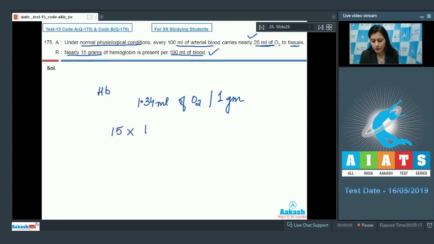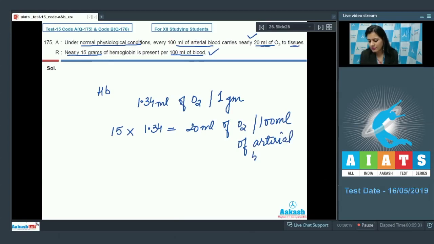So total hemoglobin will carry near about 20 ml of oxygen per 100 ml of arterial blood under normal physiological conditions. So as the given reason is not a correct explanation of the above given assertion, we can mark the answer as 2. Now let's discuss our next question.